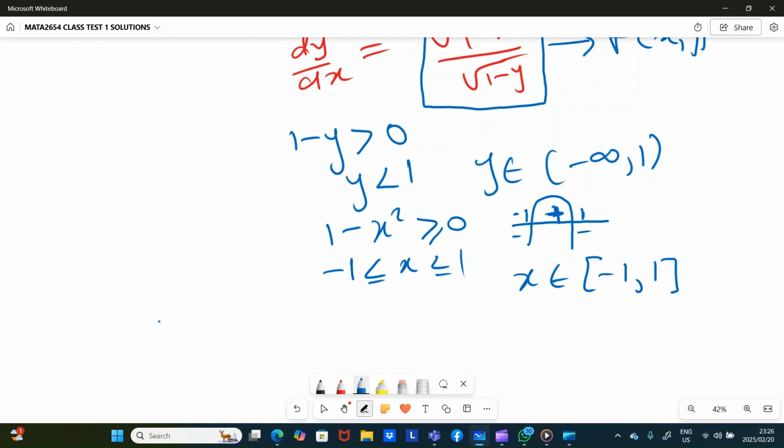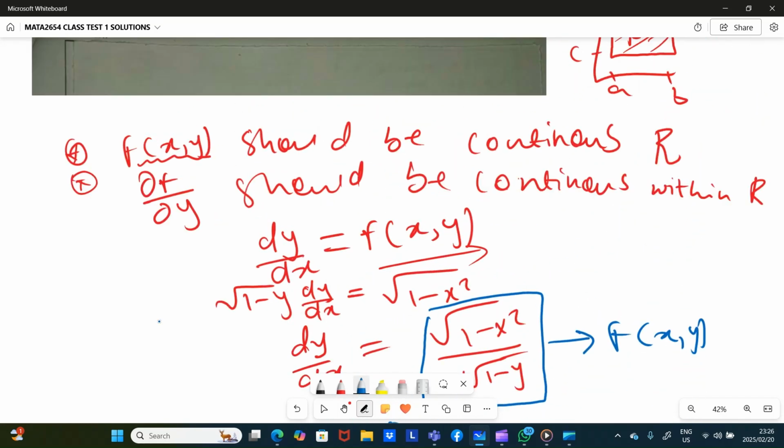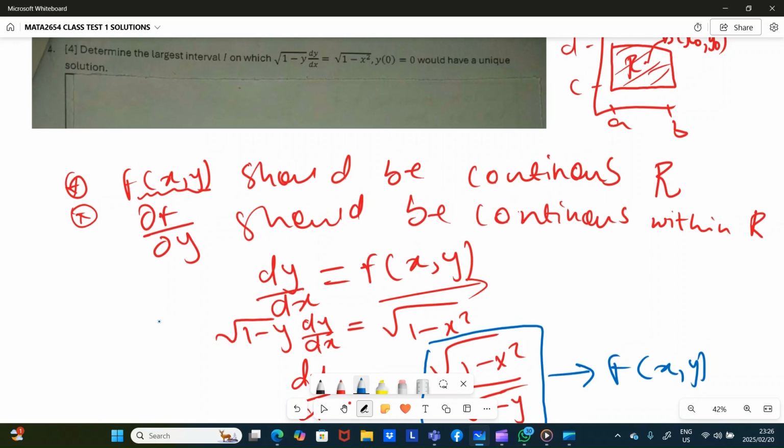So that is our domain for our f of xy. This is what we have for our f of xy. Now let's move on to the next point. The next point tells us that we also have to account for the partial derivative being continuous. But partial derivative of what? Of f with respect to y.